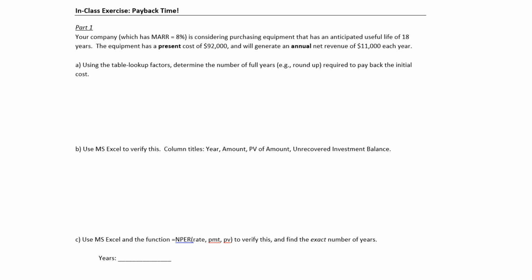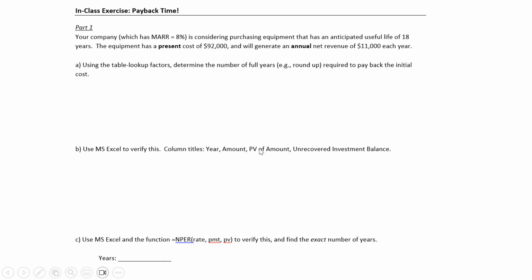There's an 8% table on the back, because in this scenario the company's buying some equipment that it expects will last for 18 years. And so what I'd like you to do is use the factors on the back side of the paper to do part A, and then verify it in Excel doing the unrecovered investment balance calculations. And so I've kind of prompted you what the columns should be there.